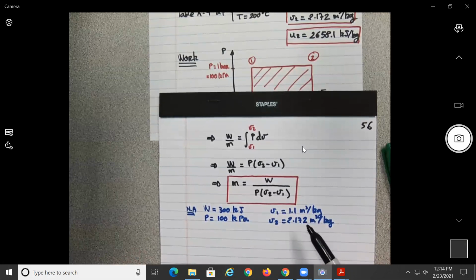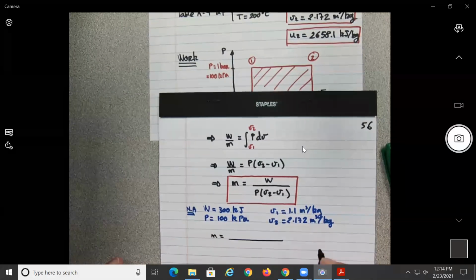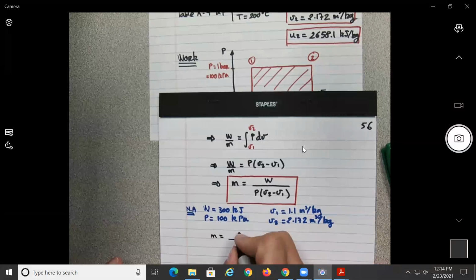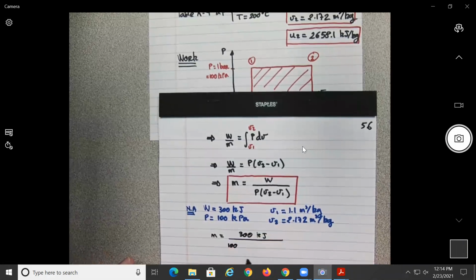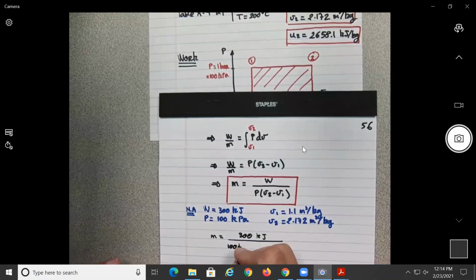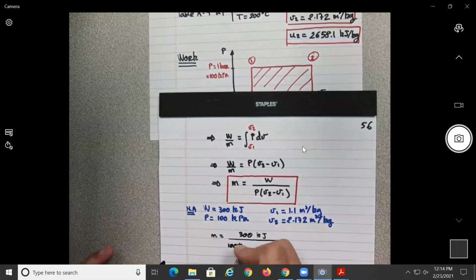Very good. So this will give you m equal to 300 kilojoules divided by 100 kilopascals.